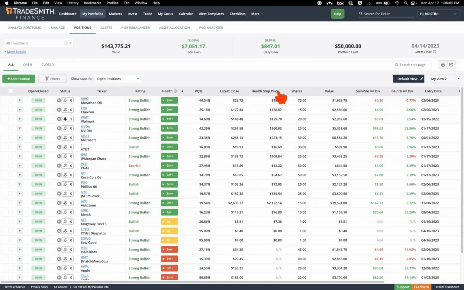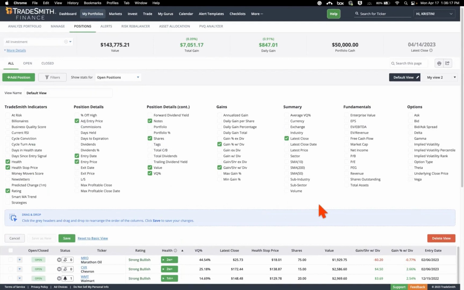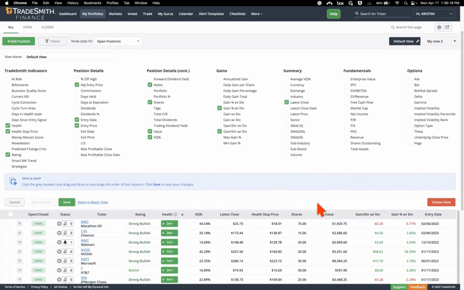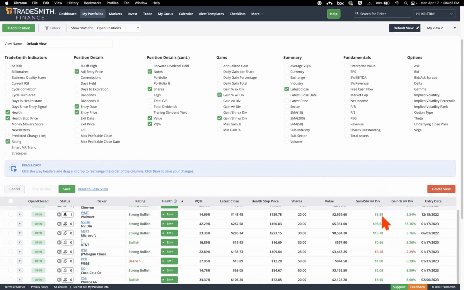Those of you that don't have this column, all you have to do is open this little pencil here. And it's over here, the health stop price. You can put a check in the box and keep this box open and scroll down, because if you add anything up here, it's going to go all the way to the end.